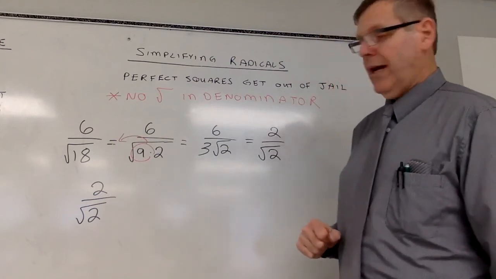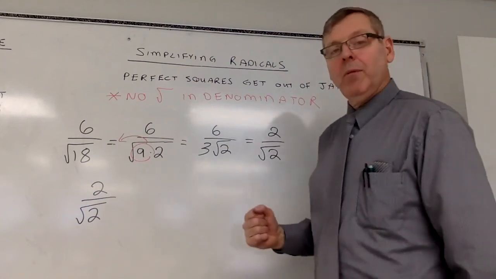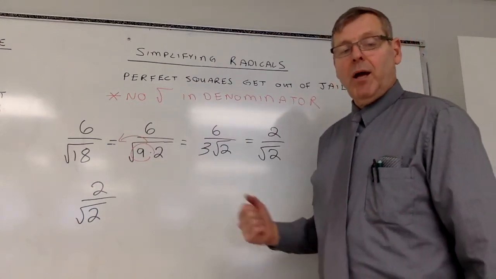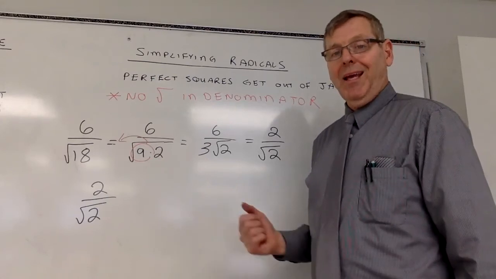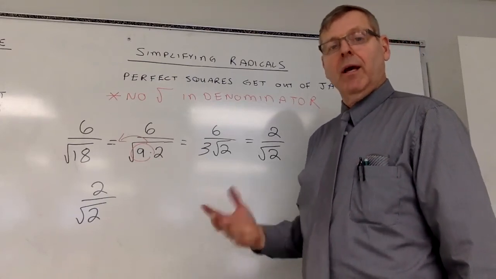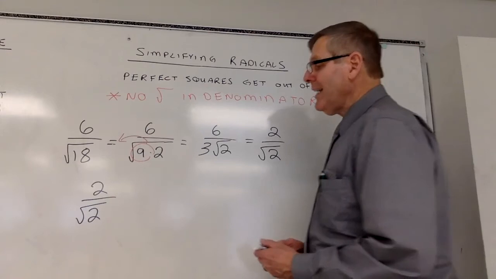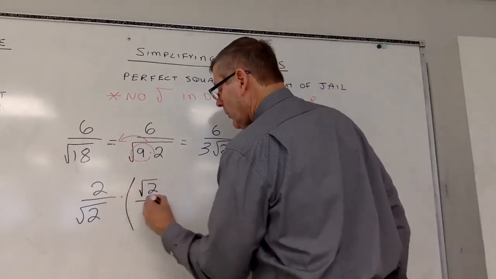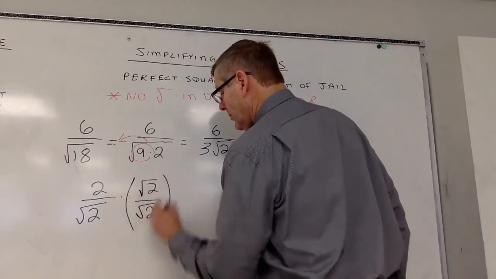How are we going to do that? We're going to use the same trick that we use in math in a lot of cases of multiplying by 1. I can multiply any number in mathematics by 1 and not change it. I get to pick the form of 1 I want. I'm going to multiply by the square root of 2 over the square root of 2.